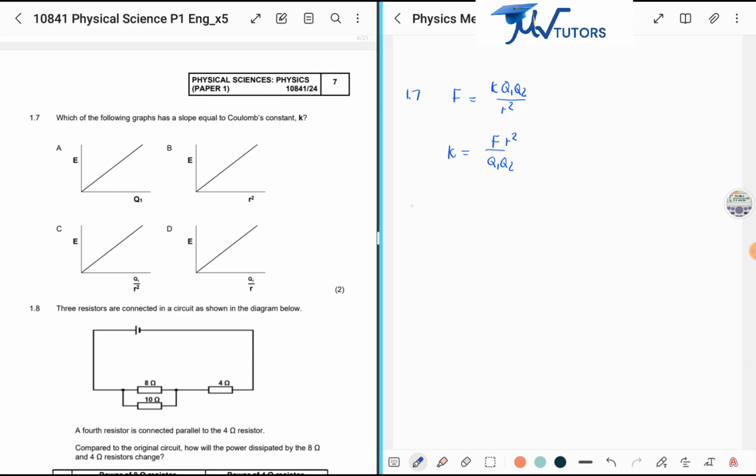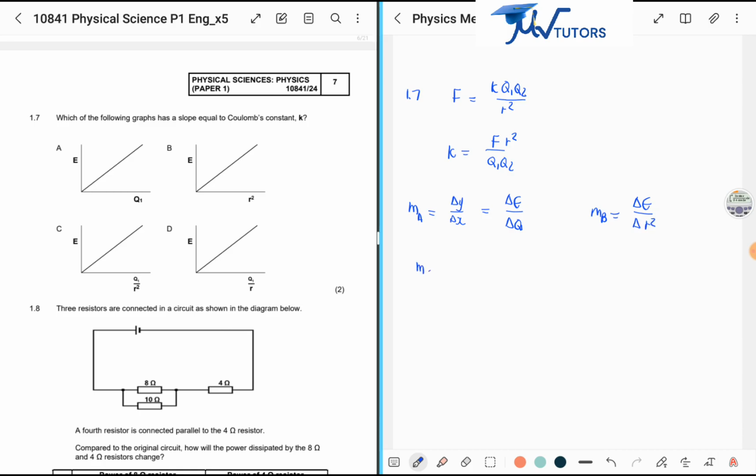Now, if we look at A, remember the gradient is change in y over change in x, right? So what is our change in y over here? We have change in E over change in Q1. Now option B, the gradient there will be change in E over change in r squared.